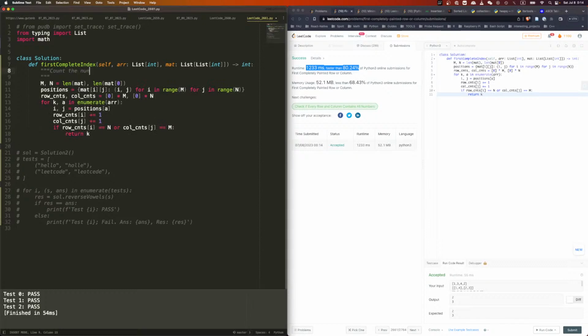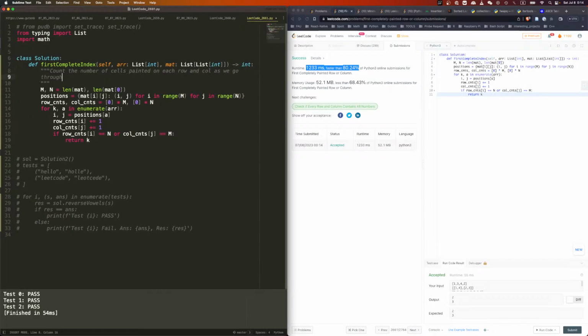Count the number of cells painted on each row and column as we go through the array.